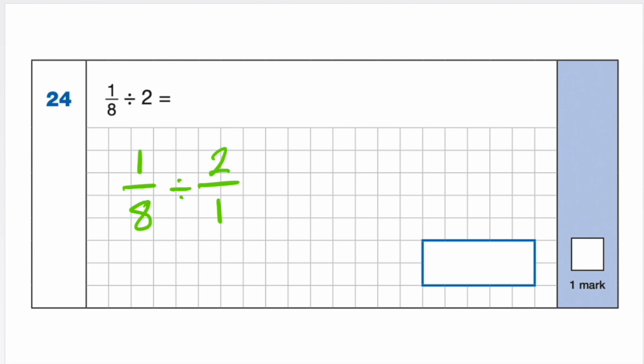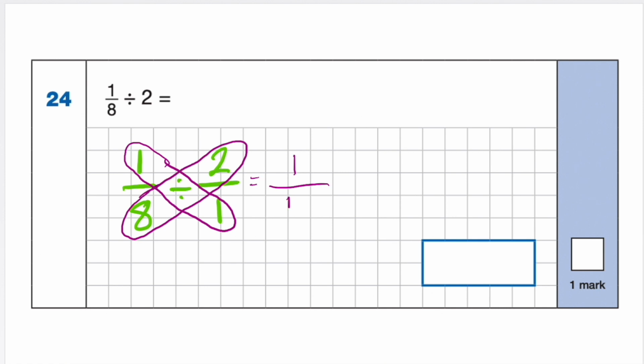And what I can do now is just do the butterfly trick, which is to multiply rather than divide the numerator of the first fraction by the denominator of the second, and this will give us the numerator of our answer. So 1 times 1 is 1, and then this is why it's called the butterfly. You can see now I get the denominator and the numerator of the other one. 8 times 2 is 16, and that's our answer, 1/16.